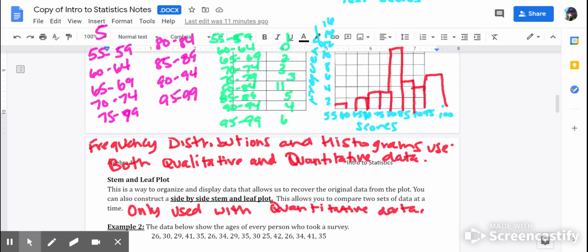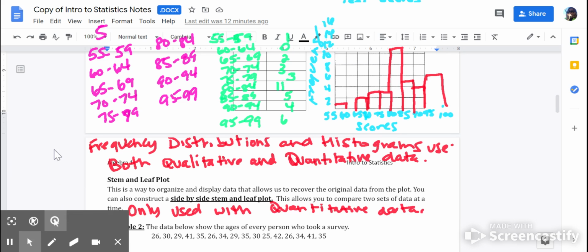That's going to show things from the original data point. So we won't be using groupings, we'll be using the exact points. And we can also compare two data sets by creating a side-by-side or a back-to-back stem and leaf plot. Stem and leaf plots can only be used with quantitative data. So numerical values is the only thing that we can look at when creating a stem and leaf plot.